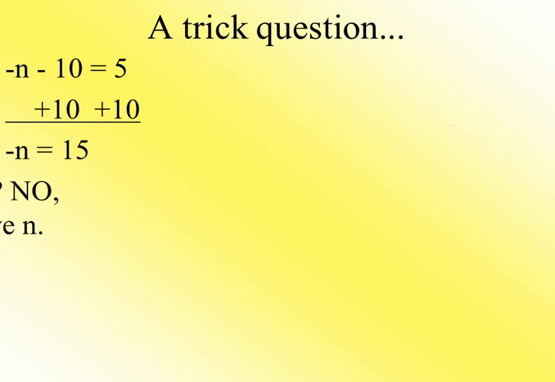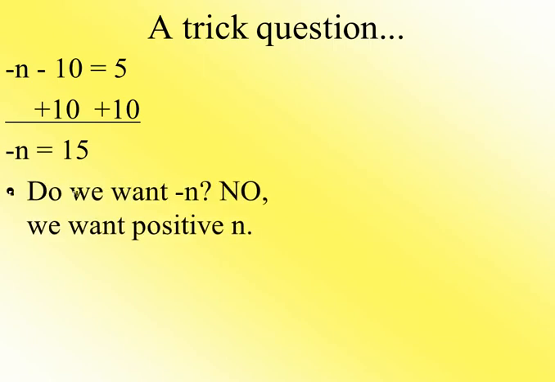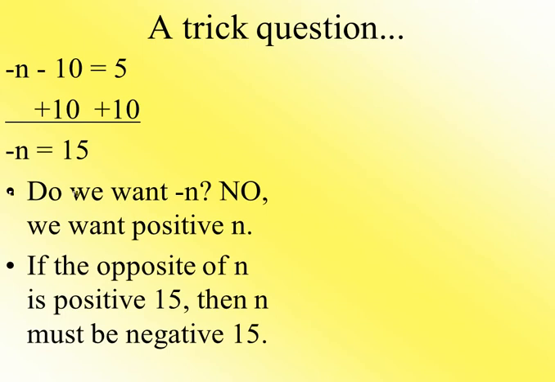That negative's a problem. We need n to be positive. So, since the opposite of negative n, because that's what negative means, is positive, I can just switch the signs on these. I can make the negative n positive, and I can make the positive 15 negative and get my answer that way. So just make sure every once in a while, okay, so my solution's n equals negative 15.